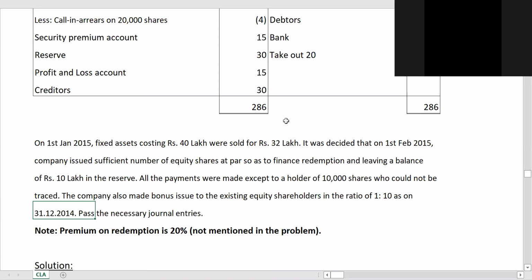Yes, but when you are passing the entry, on 1st January 2015 we are selling this only for liquidity, so this has nothing to do with your bonus entry. This is independent. But if they want you to pass an entry for an earlier part of the year, then you'll just have to put that date and pass it. But here I'm more than confident that this is 2015 actually.